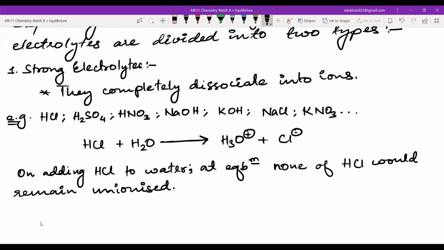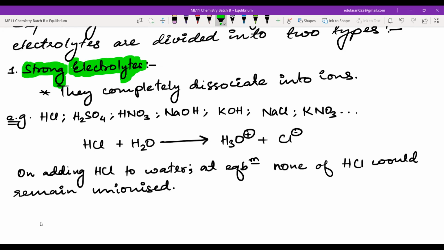That means all of the HCl would be converted. From HCl we have two things, H+ and Cl-. The Cl- will be Cl-, and H+ would have been converted to H3O+. That means you will not get any HCl at equilibrium if you have a strong electrolyte. This is important.